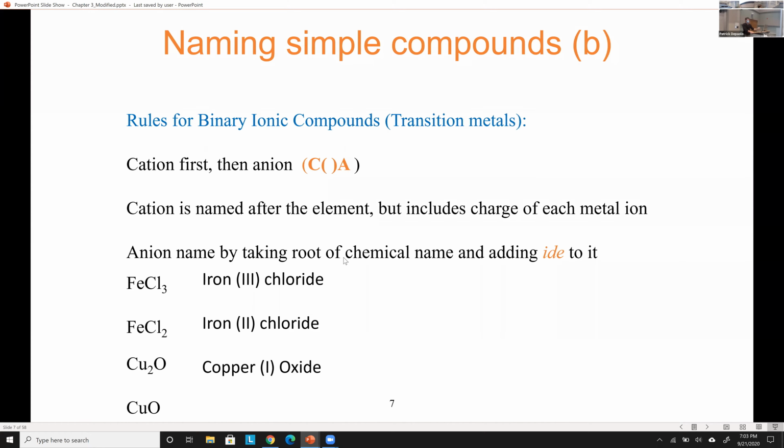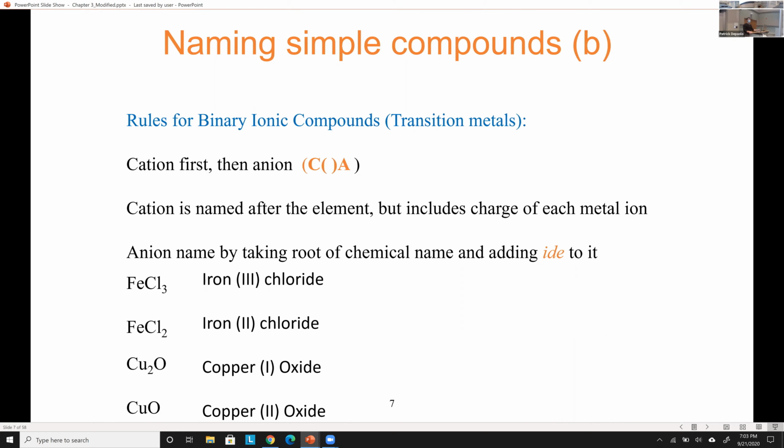And if that's the case, what would the next one be? Just CuO. Good, Adi, great job. Copper 2 oxide, because in that case you would have -2 for oxygen still, and then you'd have +2 for copper.